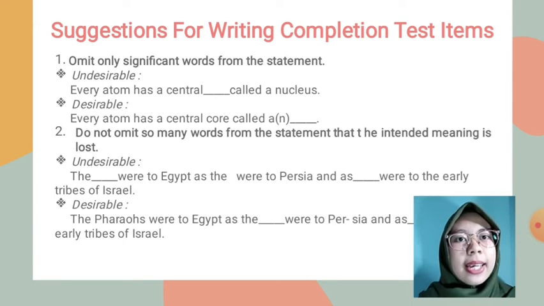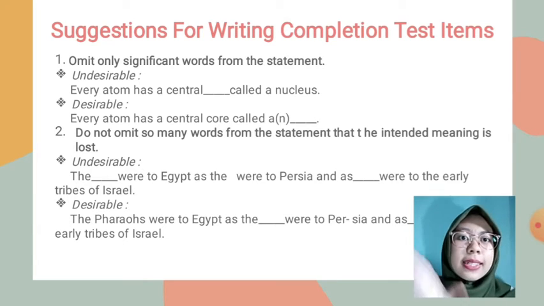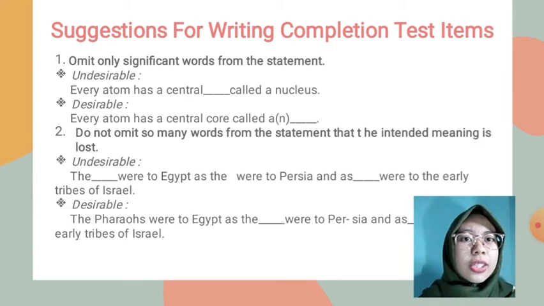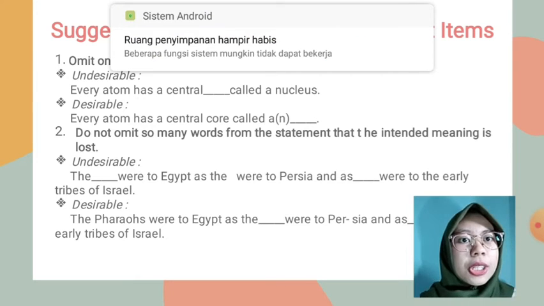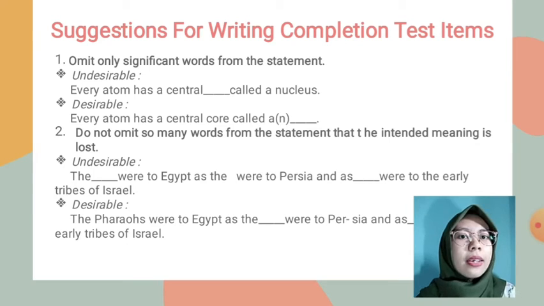Okay, the second is do not omit so many words from the statement that the intended meaning is lost. The example of undesirable is: the blank were to Egypt as the blank to Persia and as blank were to the early tribes of Israel.